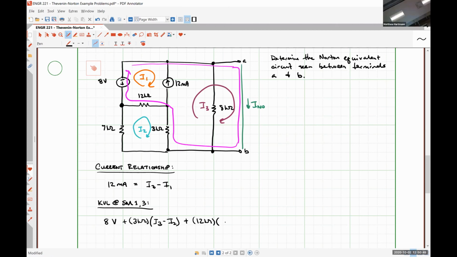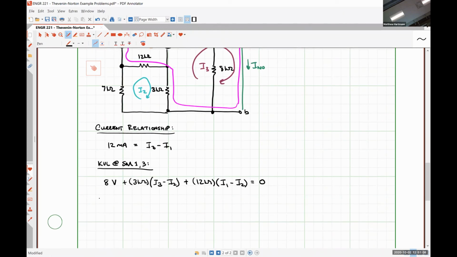And what's the total current flowing from right to left through the 12 kilo ohm resistor? That is correct, I1 minus I2. And we have ended where we started, so we're good to go there. Our last equation is going to be a KVL equation at the regular mesh 2.